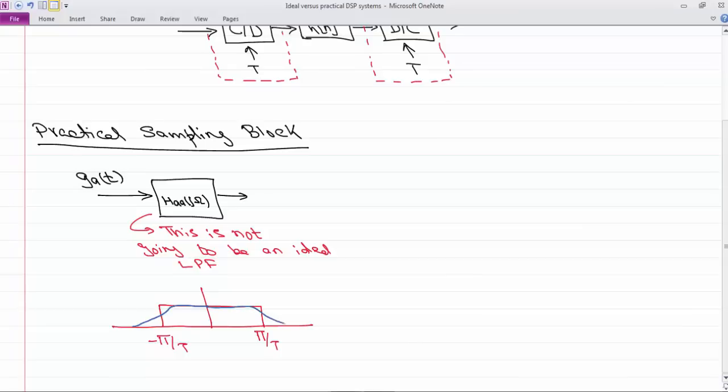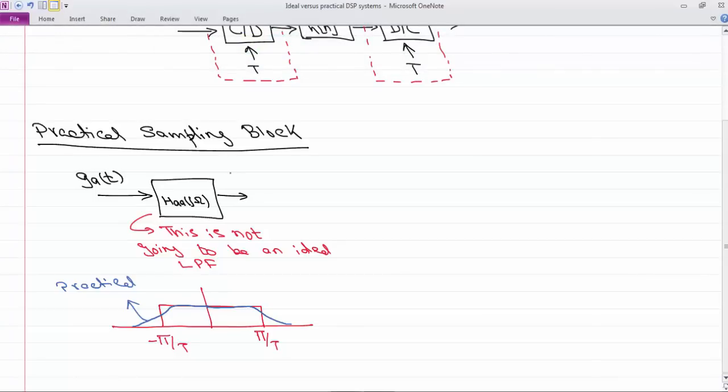So this is what a practical system will look like. You can make the roll-off sharper and sharper, but that requires more and more expensive hardware. That is one of the basic concepts: if you want to make a sharp filter, because the anti-aliasing filter is a continuous time filter, you are implementing it in continuous time. So that's one practicality you should be aware of.